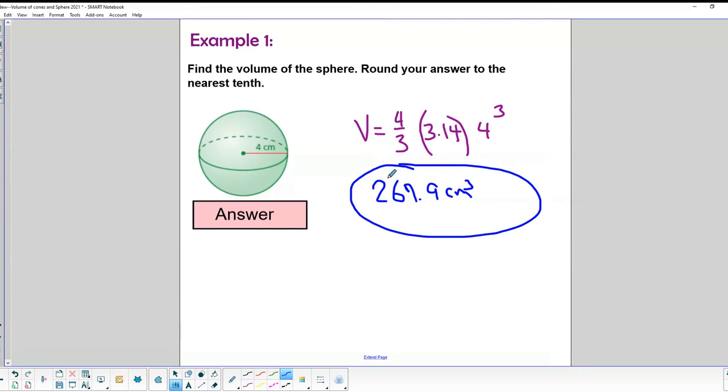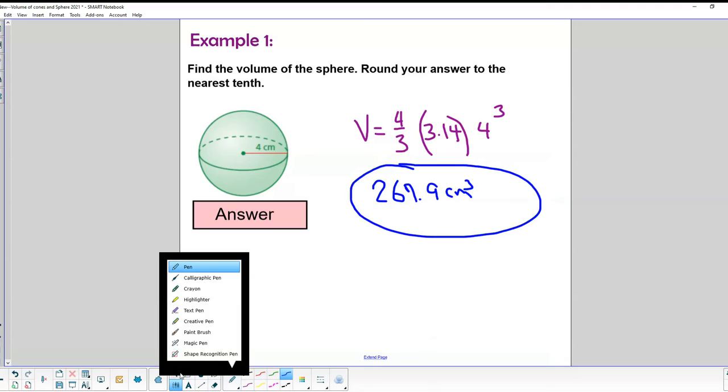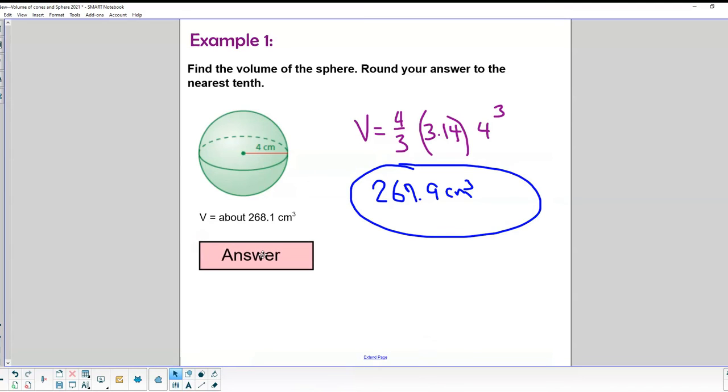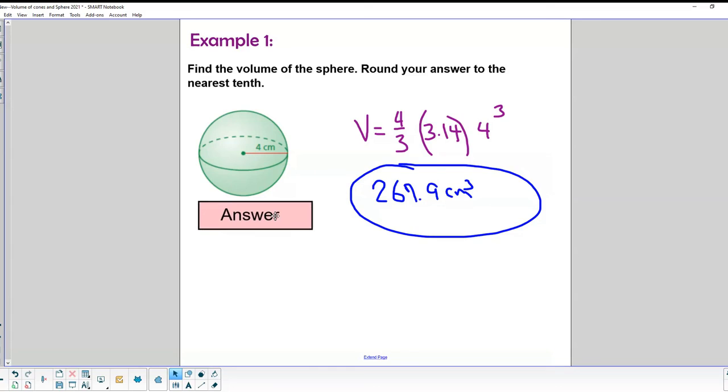All right, so there's our first one. I'll bet you if we check our answer that we got the right answer. Oh, look, they did 268.1. Okay, they must have used the actual number pi instead of 3.14 to calculate that. So we'll have to watch that on the next one.